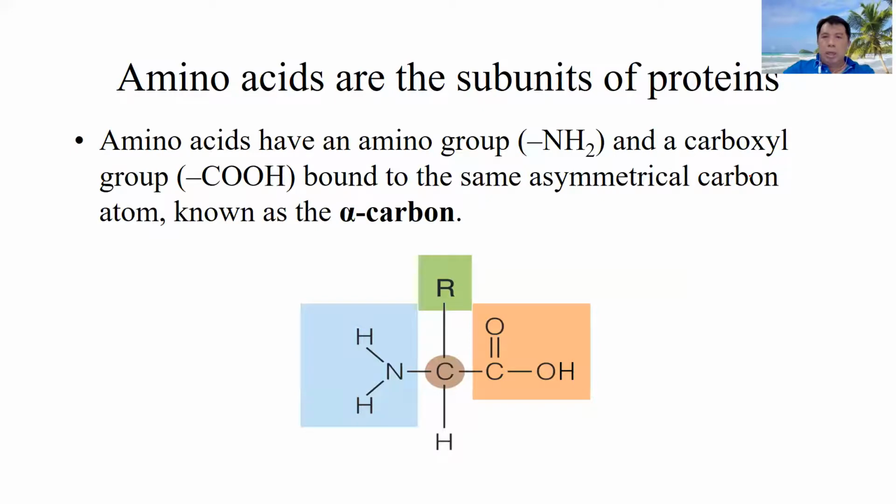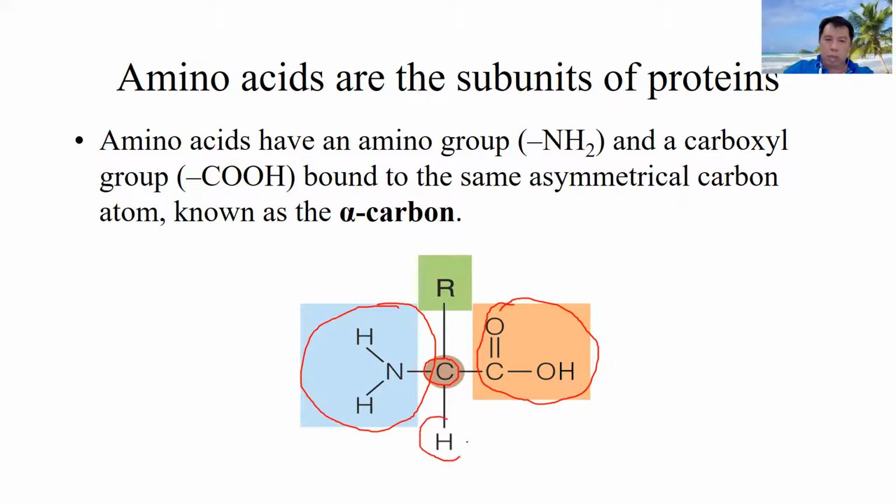Amino acids are the subunits of proteins, or we can say the monomers of polypeptides. Amino acids have an amino group and a carboxyl group, COOH, bound to the same asymmetrical carbon atom. This carbon atom is called the alpha carbon.